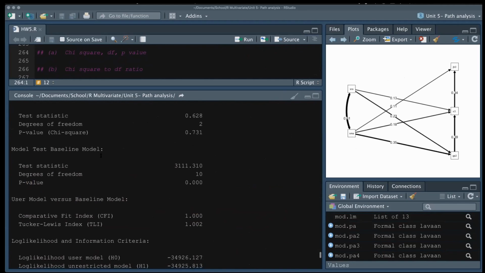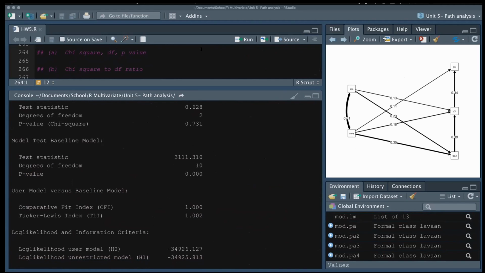And when we look at our chi-square and chi-square ratio now, what does that tell us about our fit?